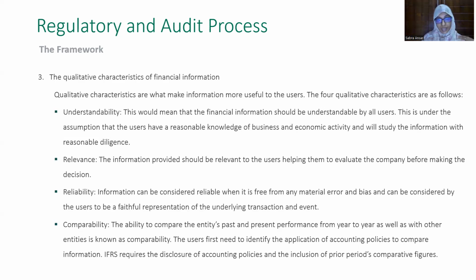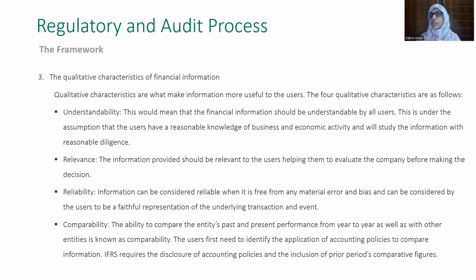So that is understandability. The other qualitative characteristic is relevance. What is relevance? The information which is provided should help the users evaluate the company before making a decision. The user should be able to figure out, does this help the organization?